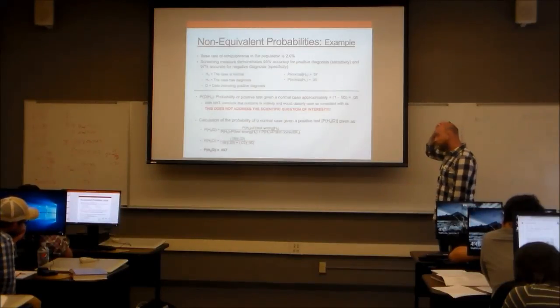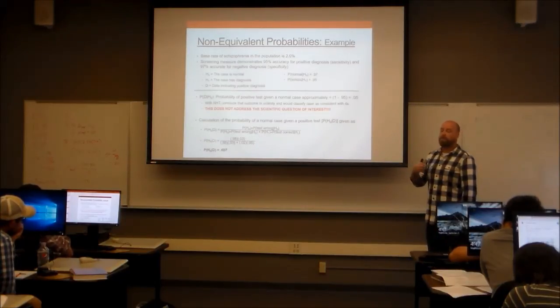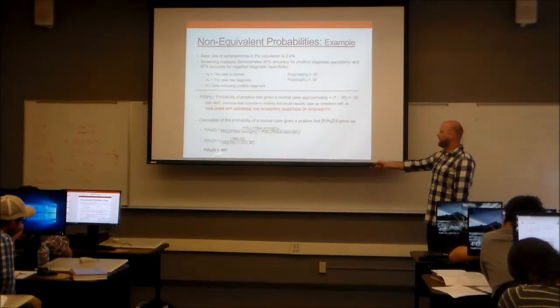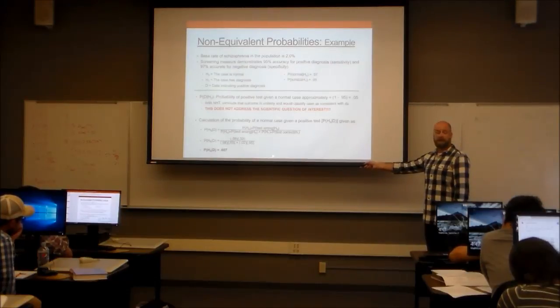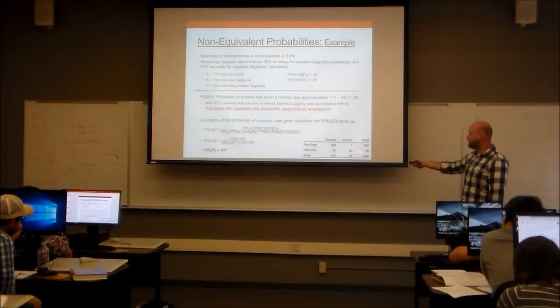If we go down through and actually calculate that out, we find that the probability of someone being normal and not having schizophrenia in the presence of a positive test actually isn't very rare at all, right? It's actually incredibly common.